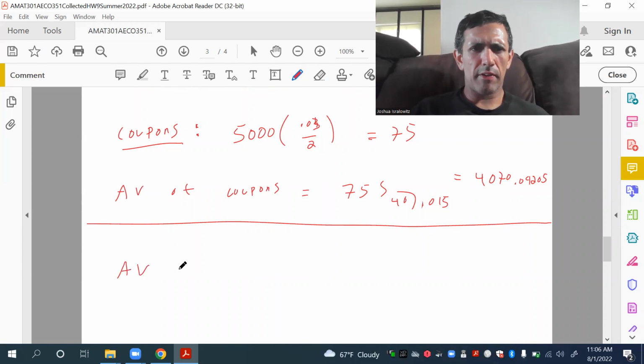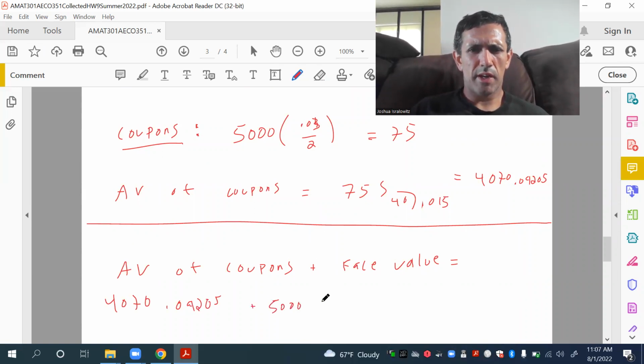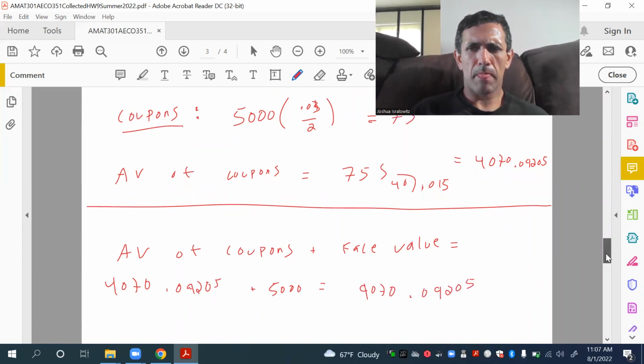Well, he gets back the accumulated value of coupons because he deposited those to this account. And he still gets the face value from his bond. So it's 4070.09205 plus 5,000. Obviously, you can do this in your head. Face value is 5,000. I want to emphasize this is what he gets at the very end. 9,070.09205.